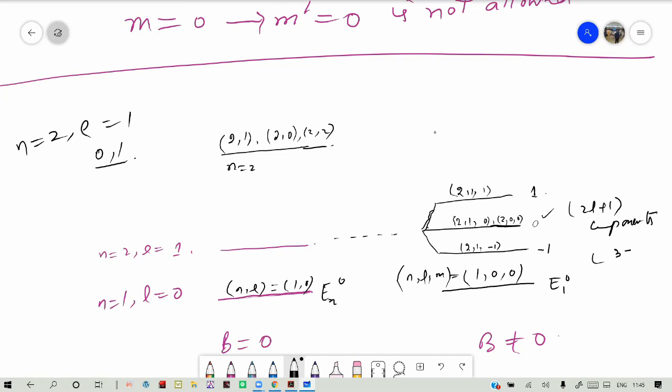I have just changed the ordering in writing. Otherwise, it is 2, 0, 2, 1, and 2, 2. So how many components do we have? For D, there are 5 maximum possible components.